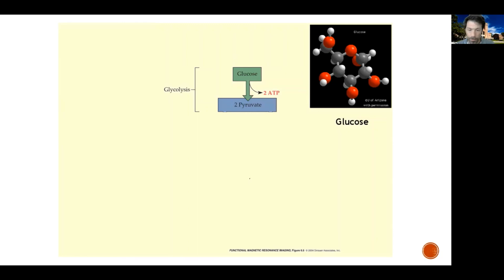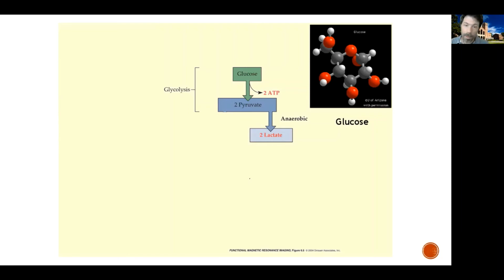Now then, one of two things happens. If there's no oxygen inside the mitochondria, then this will remain what is known as anaerobic respiration, or non-oxygen-based respiration. So glucose in, 2 molecules of ATP out, and 2 molecules of pyruvate, and that gives rise to 2 molecules of lactate. And that's about it.